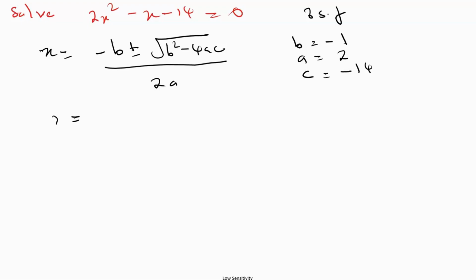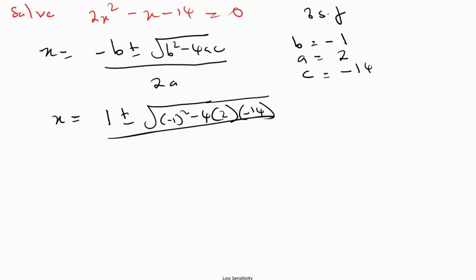So now we can substitute into this. Negative b becomes 1, plus or minus square root of -1 squared minus 4a, which is 2, c is negative 14. This is all over 2a, which is 4. So we can simplify this expression.